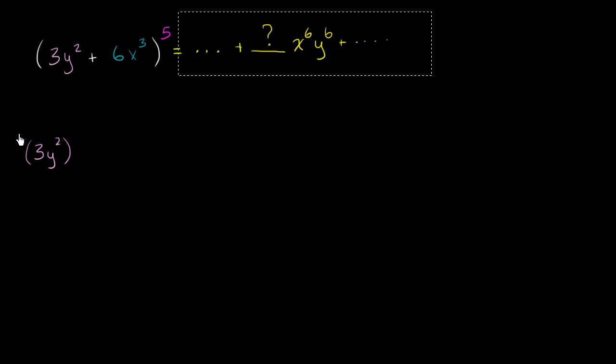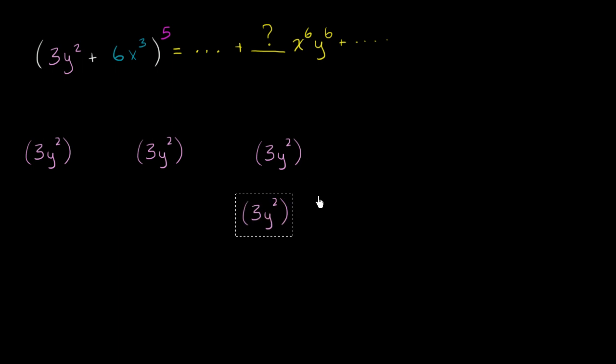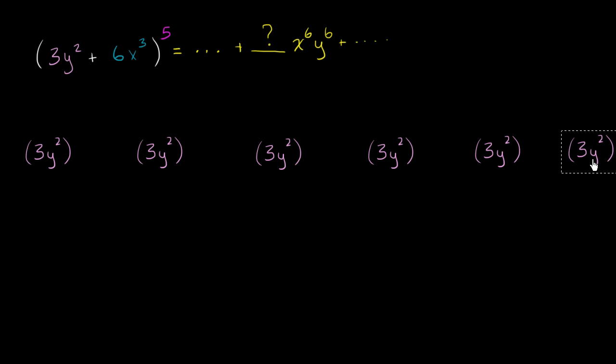So let me actually just copy and paste this. So this is going to be the first term, second term, third term, fourth term, fifth term, and sixth term. This is going to have 6 terms to it. You always have one more term than the exponent.